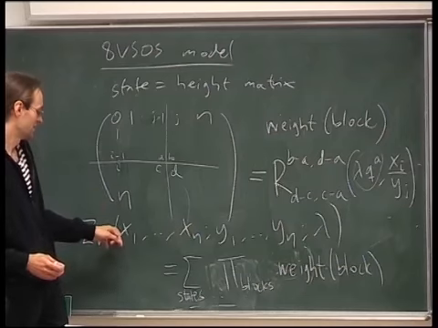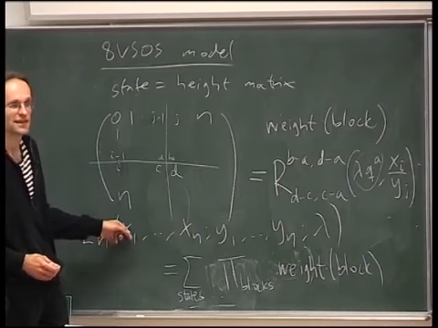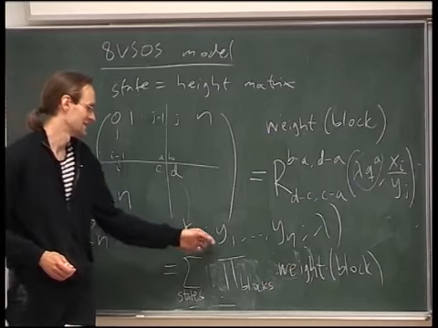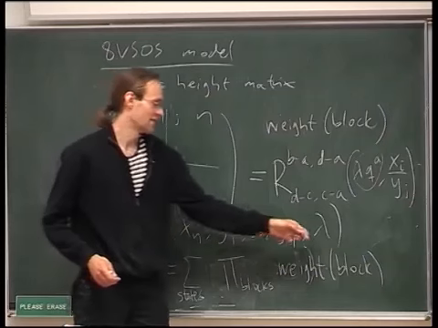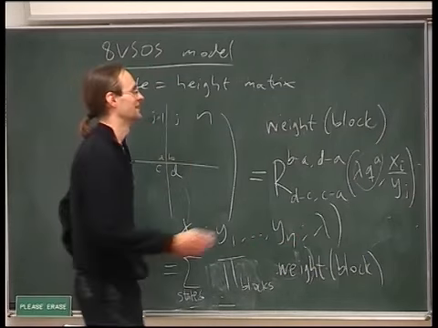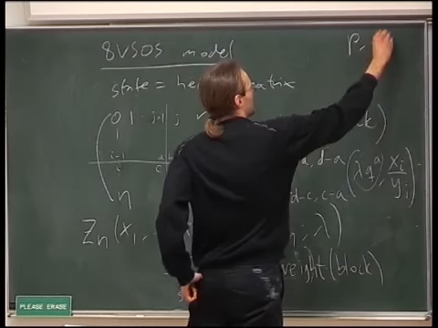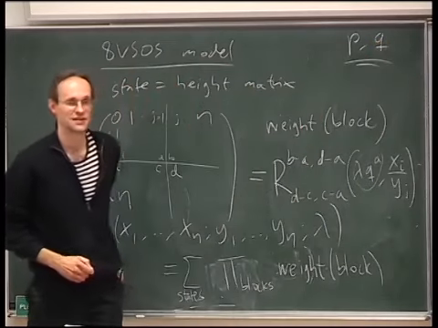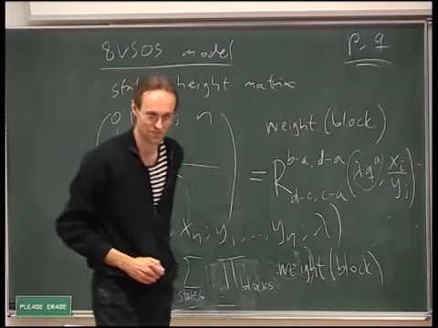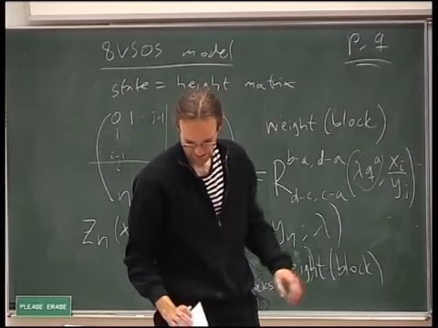Then you get the partition function of the model. And that will depend on x variables, y variables, and a variable lambda. And it will also depend on two extra parameters here, p and q of the model.